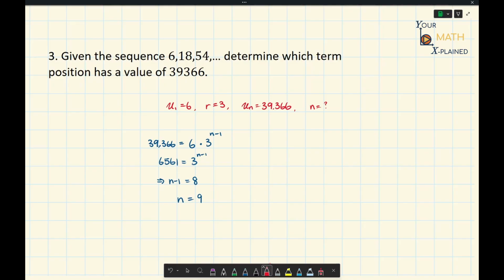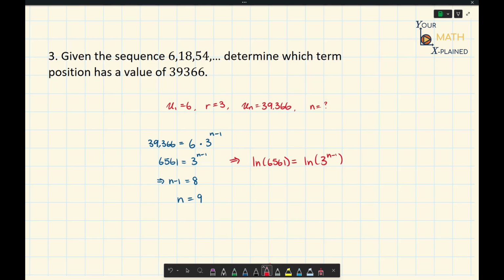Now, if you're familiar with your logs, we know that we don't need to actually guess and check. From this step, we can just go ahead and take the log of both sides, which means we get ln of 6561 is equal to ln of 3 to the power of n minus 1.